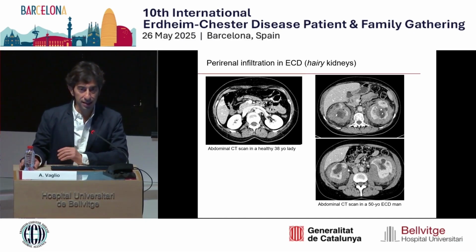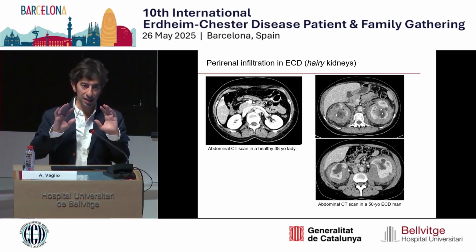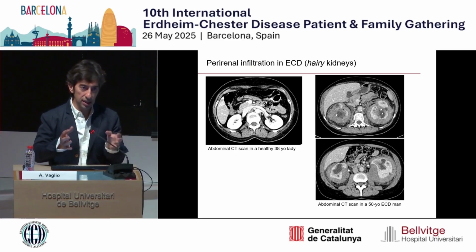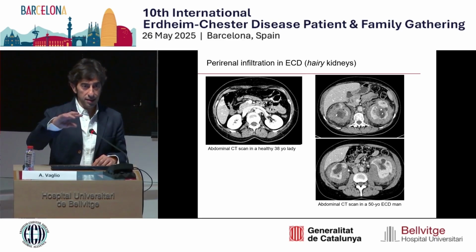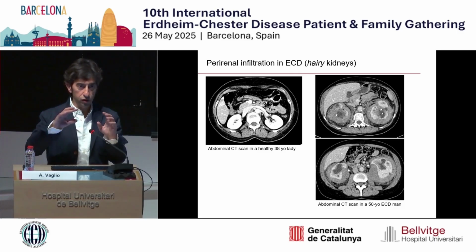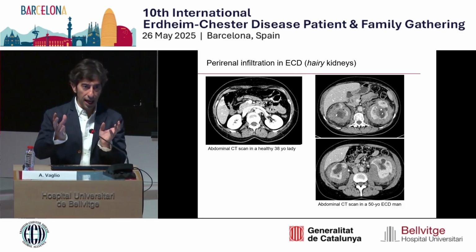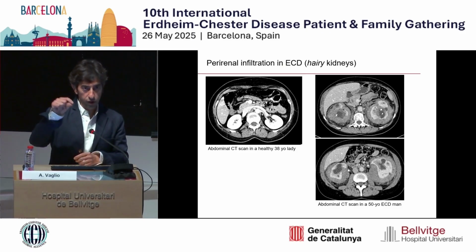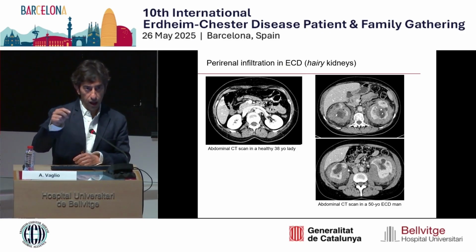So what happens is that the disease has what we call a tropism, the tendency to invade a specific site, and this site is just the perirenal area. And normally the infiltration is all around the kidney and extends to the proximal part of the ureter, the tube that lets the urine flow from the kidney to the bladder.